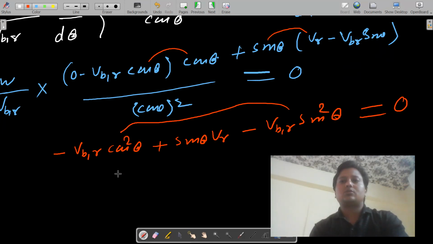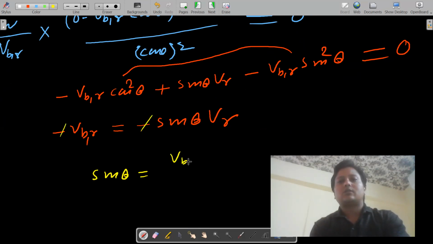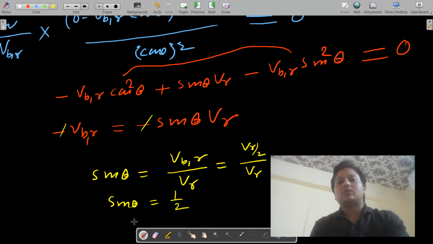Putting these two terms together, minus VBR times cos squared plus sin squared, which is 1, plus sin theta into Vr. So sin theta comes out to be VBR over Vr, and we know VBR is Vr over 2, so sin theta comes out to be 1 by 2, meaning theta is 30 degrees.